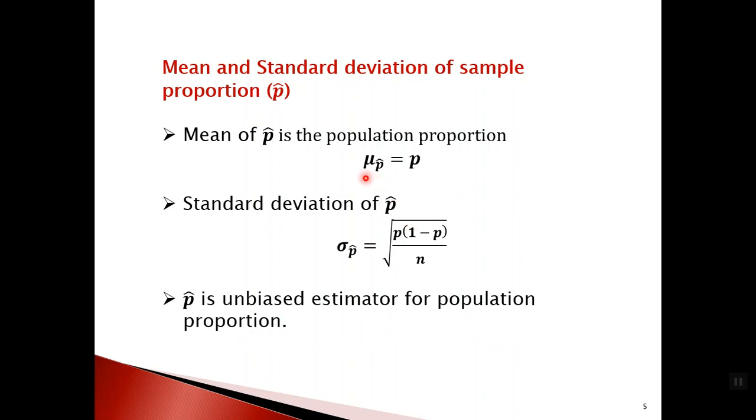See, the mean of p hat, which we denote by mu p hat, equals p, the population proportion. In this case, don't mix p hat and p. Always, p hat means the sample proportion, and p without a hat denotes the population proportion.